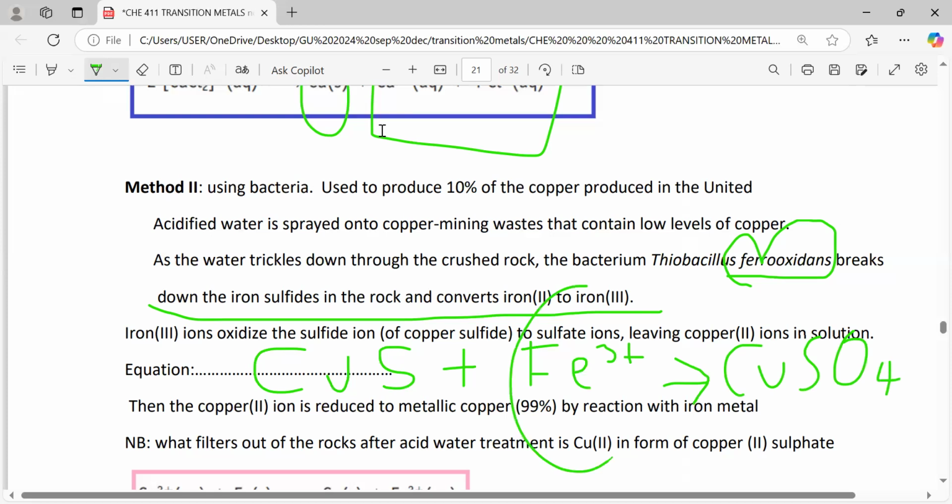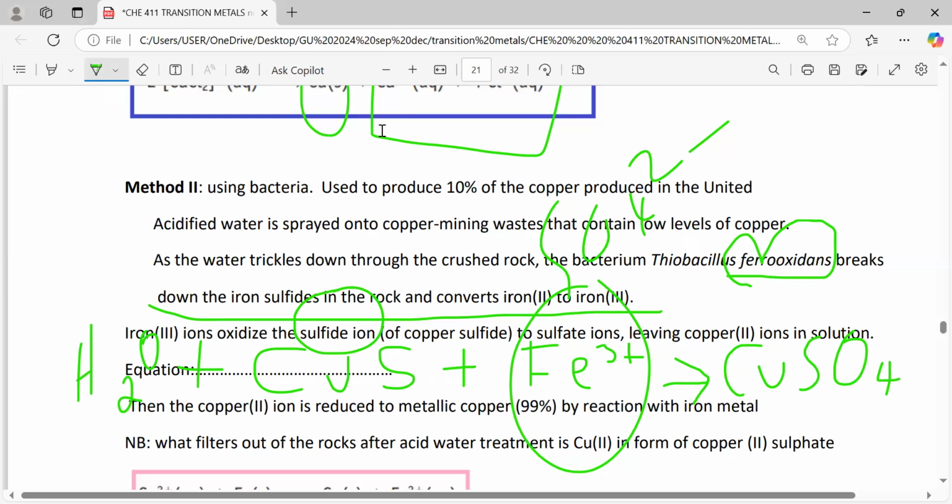Of course, this is in the form of a sulfate. It ionizes to sulfate. Okay, so you get sulfate. Of course, the other part here should be water.